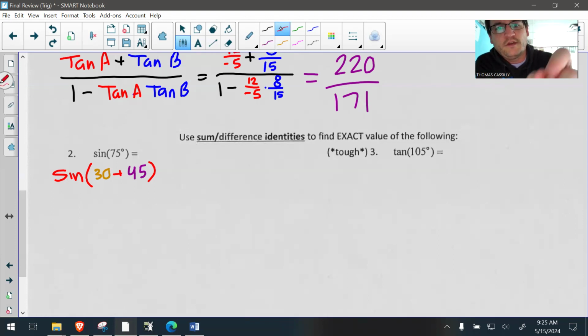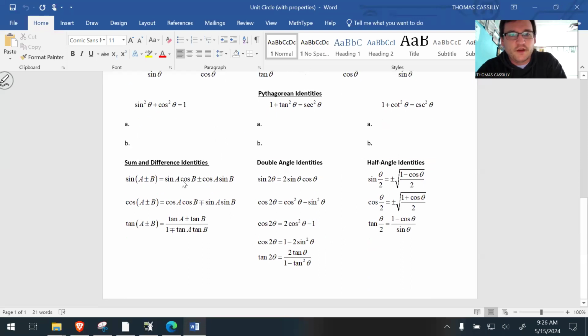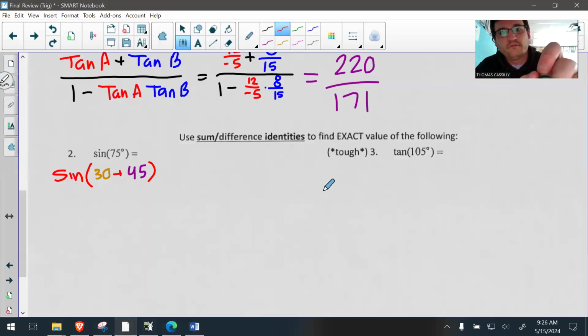So what we're going to have is, according to our identity, one more time, let me just pull it up. It's the plus sign, right? So sine, cosine, cosine. All right. So sine of A times the cosine of B here. And again, I'm going to use this one as my A, this one as my B. All right. So what we're going to have here is the sine of 30 times the sine of 45.